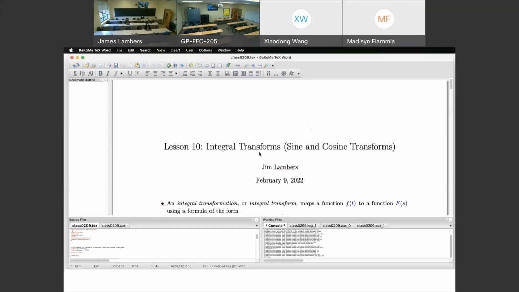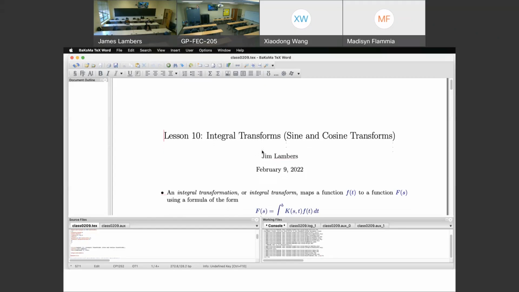What we'll find is that when you are dealing with a problem on a finite interval, like 0 to L, then integral transforms versus separation of variables is really two different perspectives on the same technique. But we'd like to be able to consider infinite domains as well, and that's why we're looking at this.